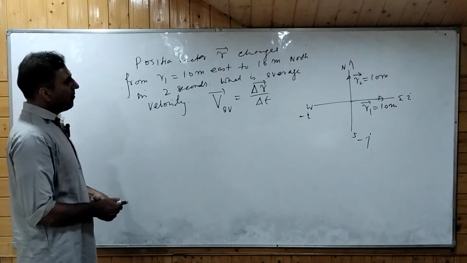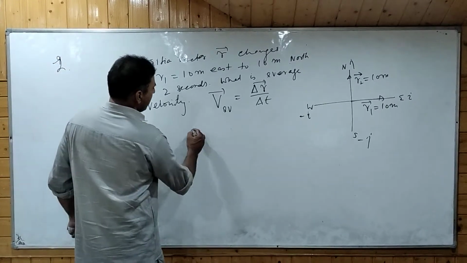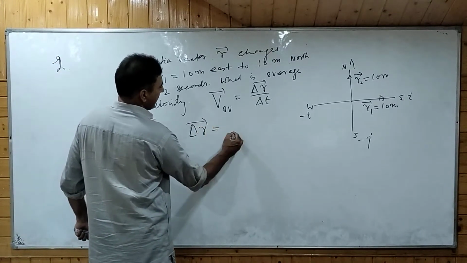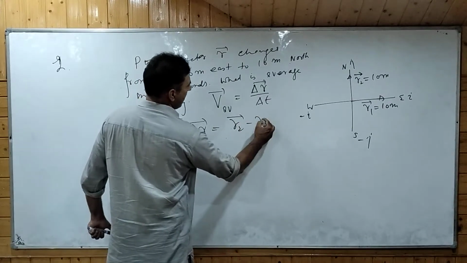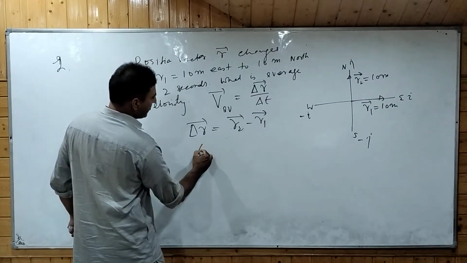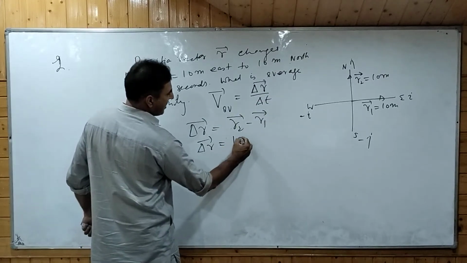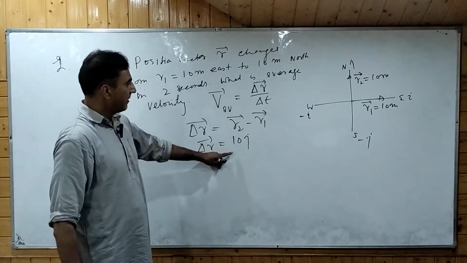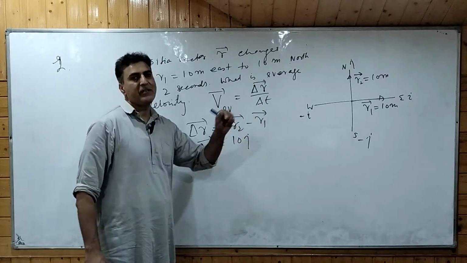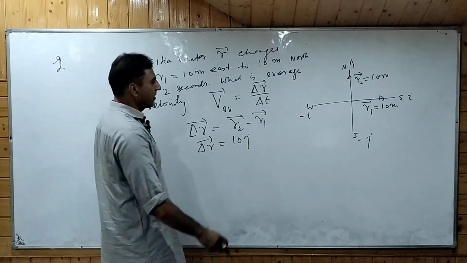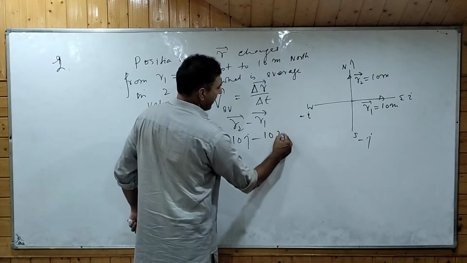Now, what is delta r? The change in the position vector, that is r2 vector minus r1 vector. What is r2 vector? That is 10j. You can't write 10 only; if you write 10 here, that will make it 0 and give a wrong answer. So r1 is 10i.